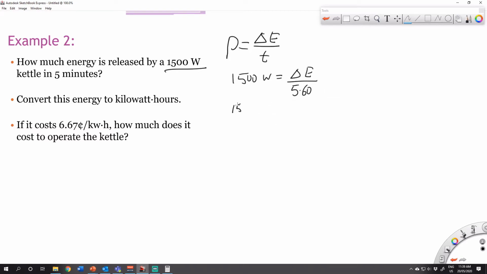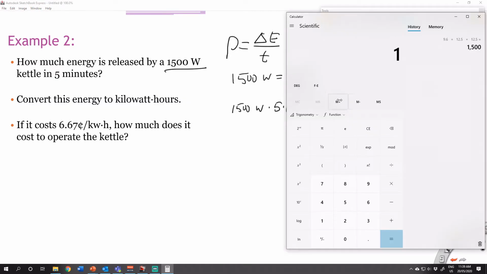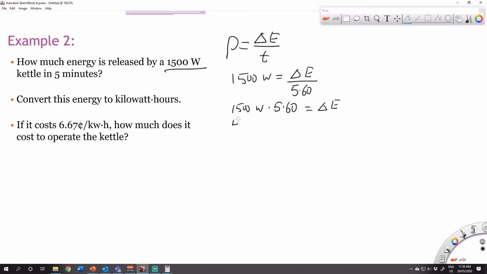So 1,500 watts times 5 times 60 equals the amount of energy. This will generate 450,000 joules of energy.